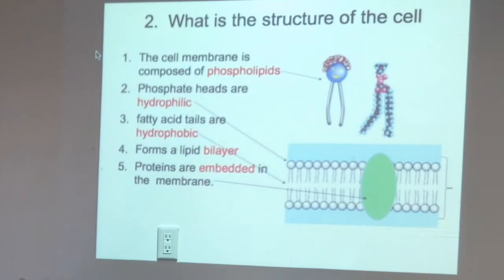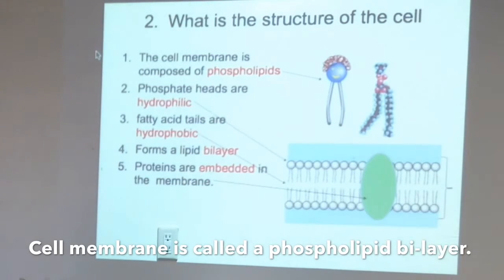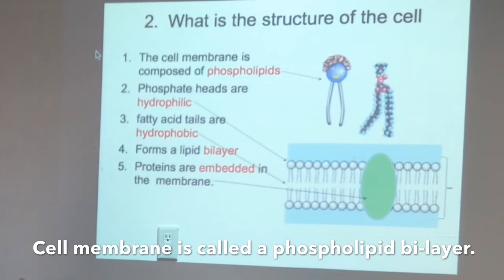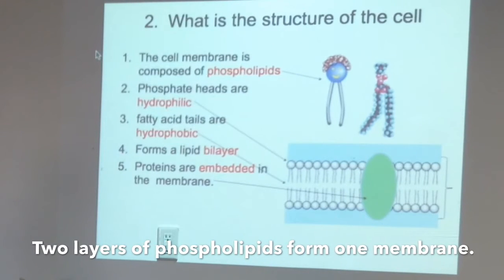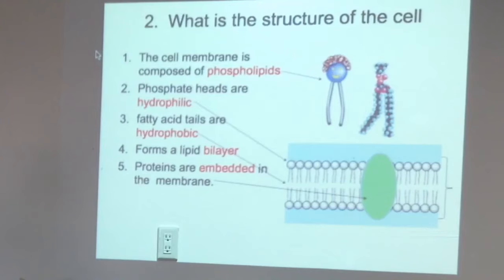Proteins are embedded in the cell membrane. We often call this cell membrane a phospholipid bilayer. Bi means two, so it's two layers of phospholipids forming one membrane. So you can write a phospholipid bilayer, right? That's a key characteristic of the cell membrane.